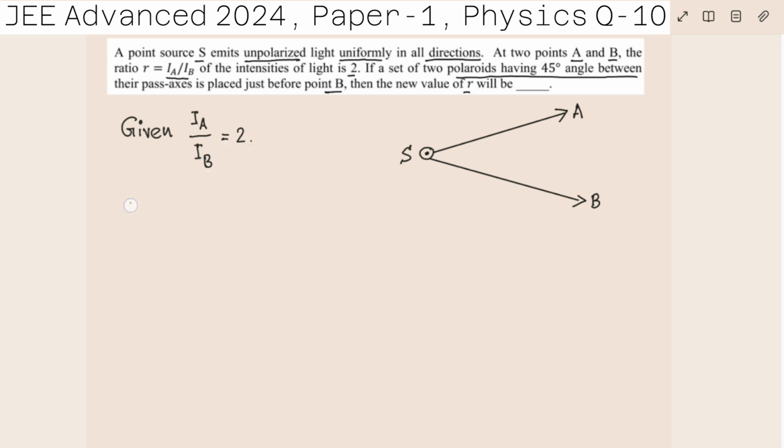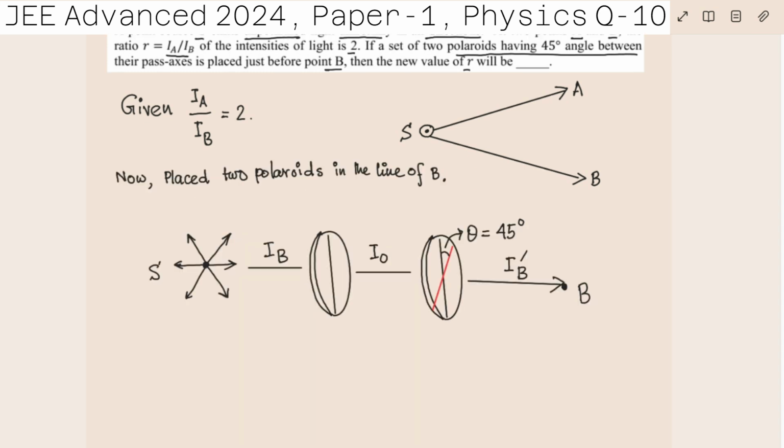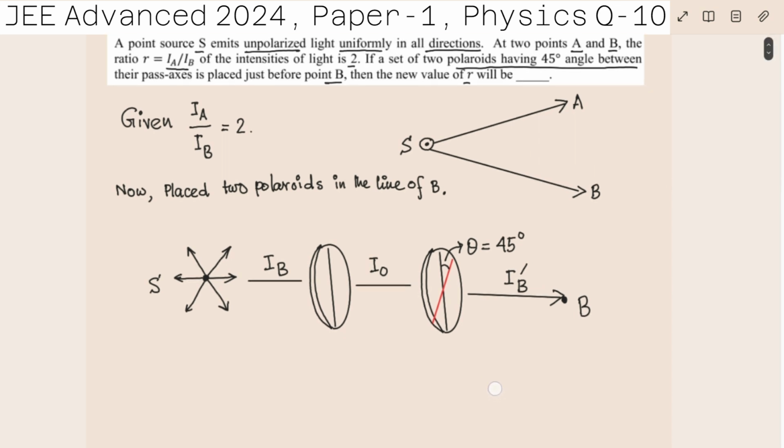So now if we place two polaroids in the line of B, this is the tentative diagram that we are supposed to follow for the second setup.